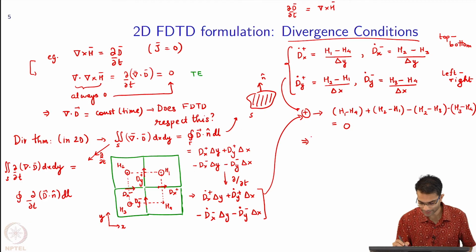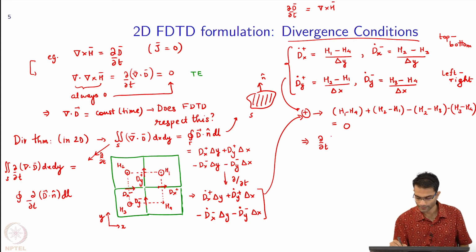So, this implies that over this tiny cell, del by del t of the divergence remains 0.